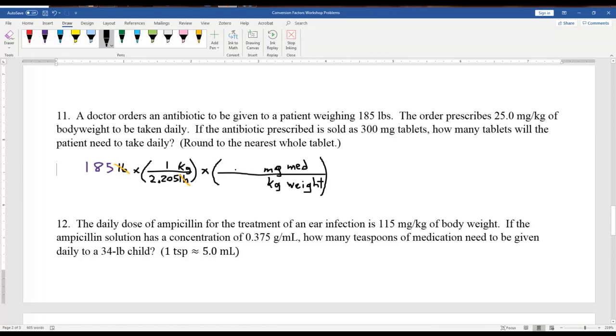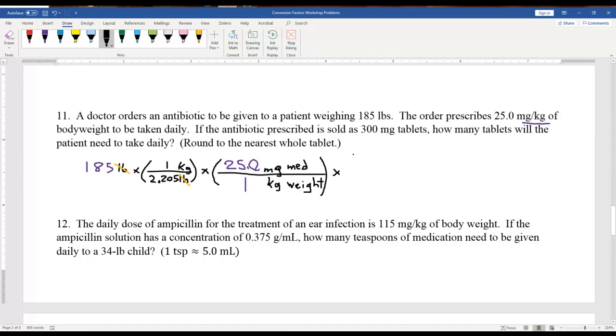And as you mentioned, it was 25.0 milligrams of medicine per kilogram. It says per kilogram. Well, that means for how many kilograms? 1. Yep.